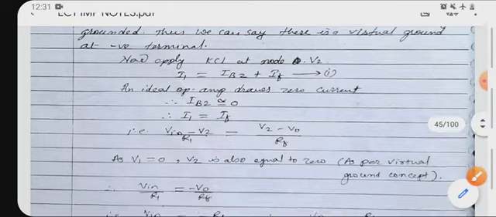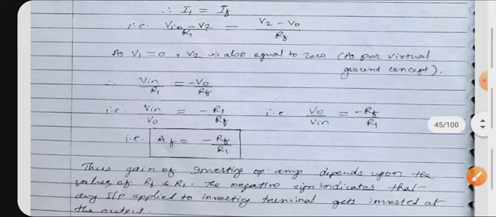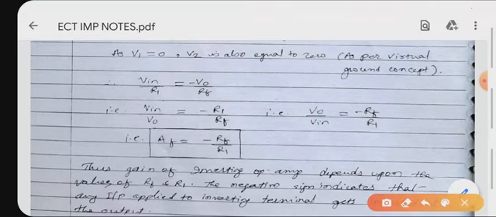So by converting current equation into voltage form, now you have to apply the virtual ground concept. As you know that there are two concepts, virtual ground concept and virtual short concept. What is virtual ground concept? Virtual ground concept is that in an ideal operational amplifier, if one terminal, particularly the positive, that means non-inverting terminal, is grounded, another terminal is also virtually grounded.